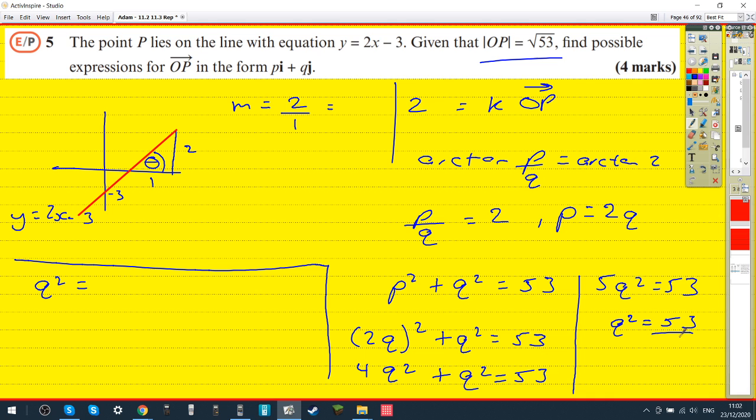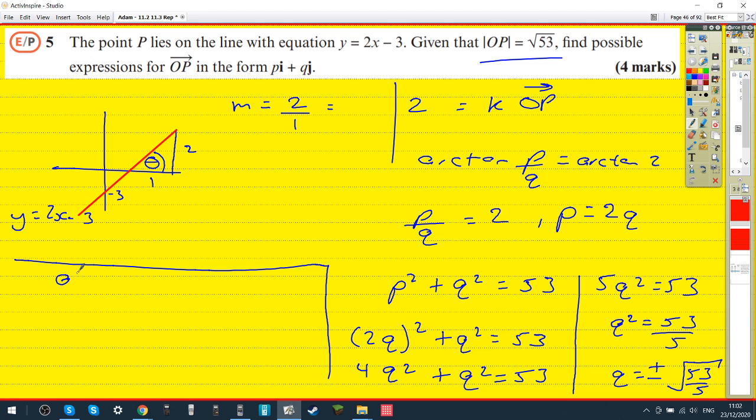Actually, that's 53 over 5. And then you square root both sides, which is 3.256. Plus or minus. So it's plus or minus root 53 over 5.